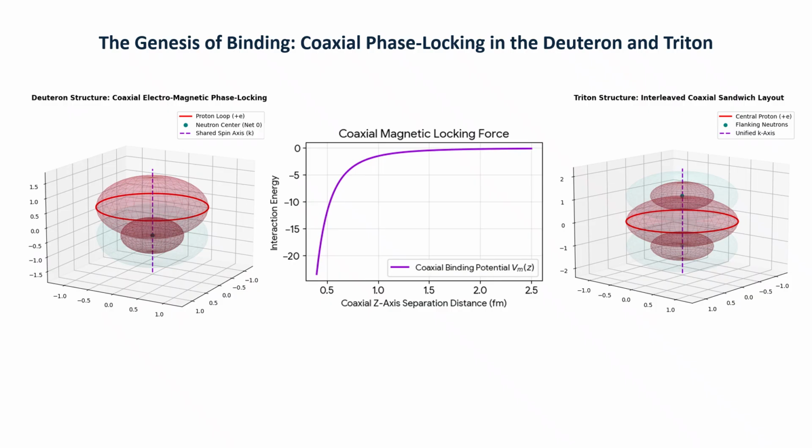So what's unique, and I want to stress that again, is that in mainstream physics they have this short-range strong force and an accompanying nuclear potential, better known as the Yukawa potential, to explain why the nucleons, the proton and neutron, are glued together, and that then leads to gluons and quark theory. In our model, the binding is really driven by very raw, classical, mutual magnetic inductance between those current loops.